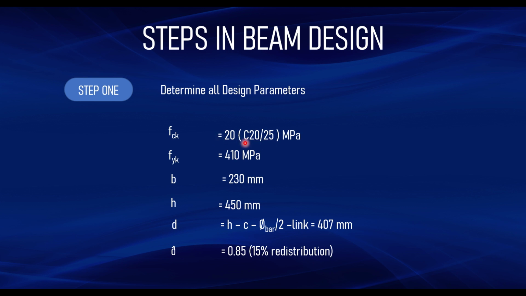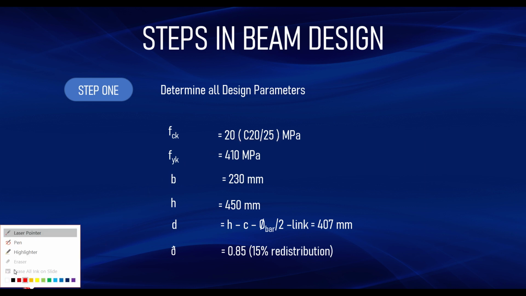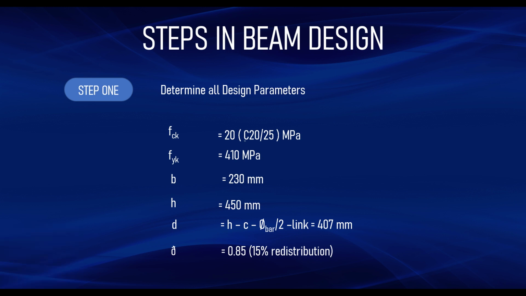If you note, you can see that the class of concrete we want to use is C50/25, which is actually less than 50/60, as I've explained in the previous slide. So in that case, that means we can use the normal design formula to calculate our required reinforcement. The next parameter here is the characteristic strength of steel, the FYK. It ranges between 400 to 600 megapascal.